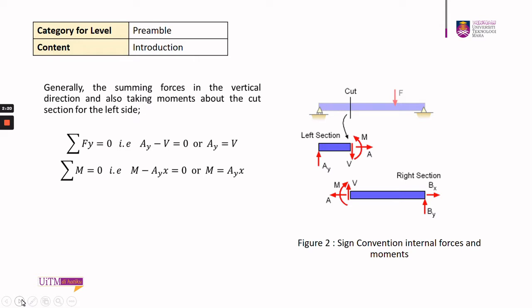In order for us to determine the internal forces of the specimen, we may use the force equation or summation of vertical force and use a moment equation. Figure 2 shows the sign convention for the internal forces and bending moment of the cutting section for the beam.